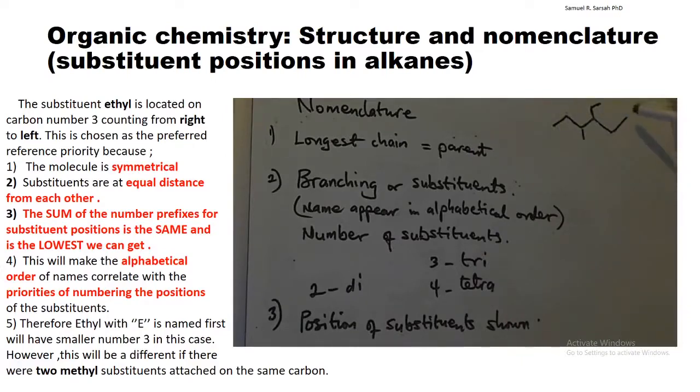Well, if you count from here, 1, 2, 3, 4, 5, this is 5. If you count to this, you count 1, 2, 3, 4, 5. So 5 is still less than 6. So the longest chain is still from here to here, 1, 2, 3, 4, 5, 6. Okay. So the parent name is still hexane.